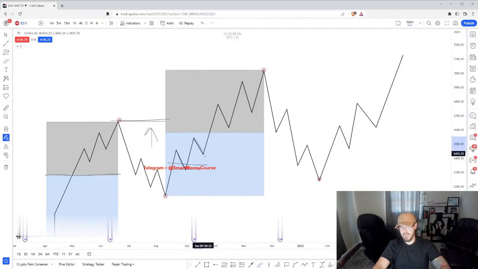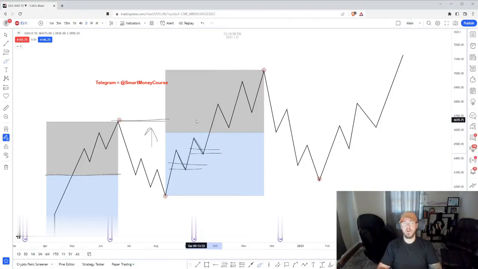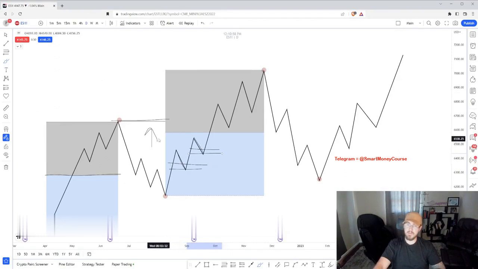All these pushes down may have been bearish swings on another time frame, but because we understand the principle of external structure on a higher time frame level, we're able to understand that the market is likely to continue to the upside. So all those down moves should be looked at as a buying opportunity to take up here.